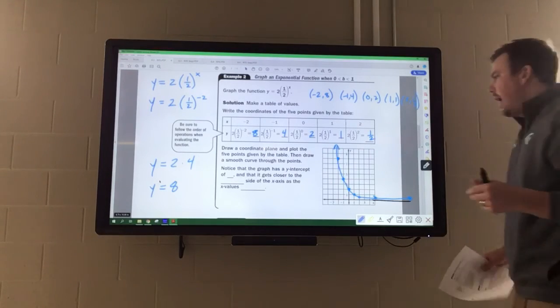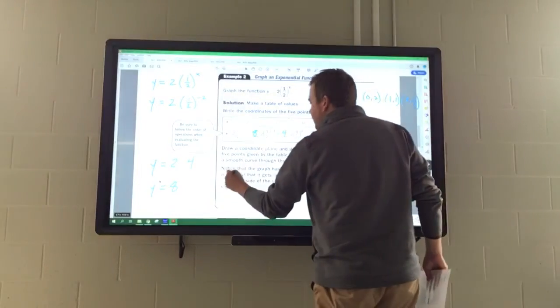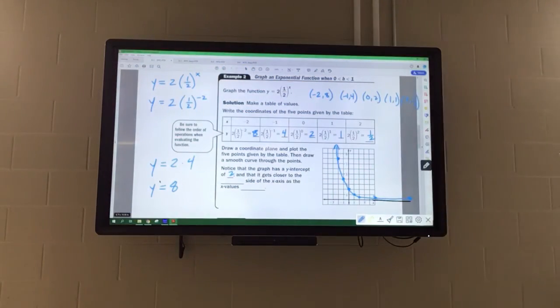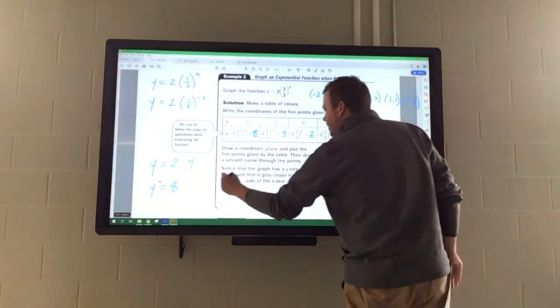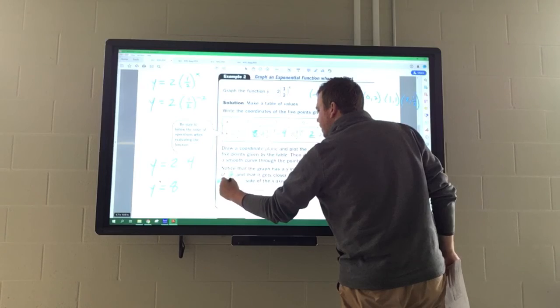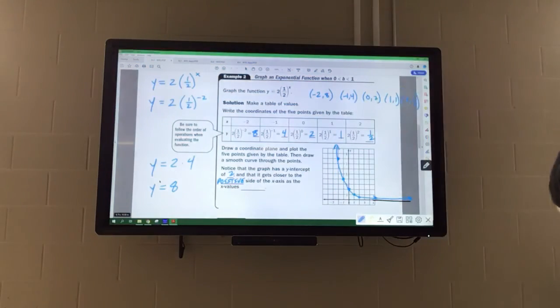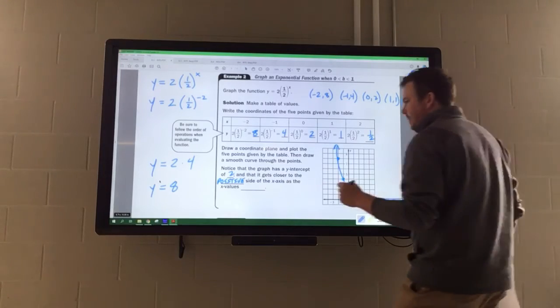Notice that the graph has a y-intercept of 2 in this case. That's because we multiplied by 2. And then it gets closer to the positive side of the x-axis as the x values increase.